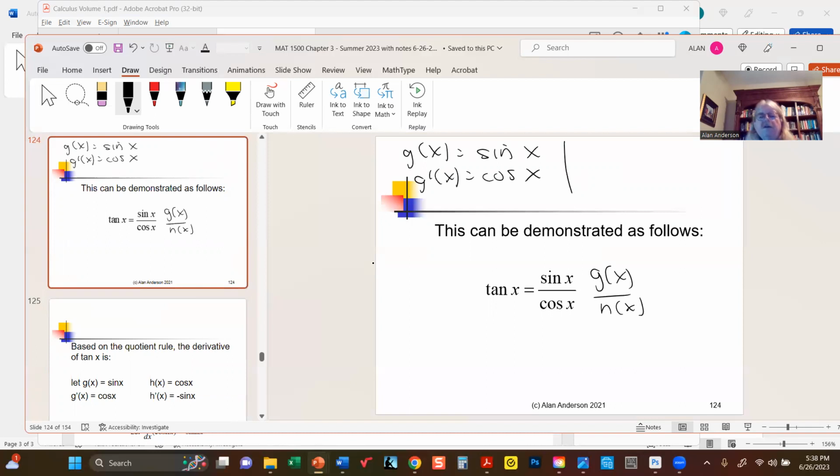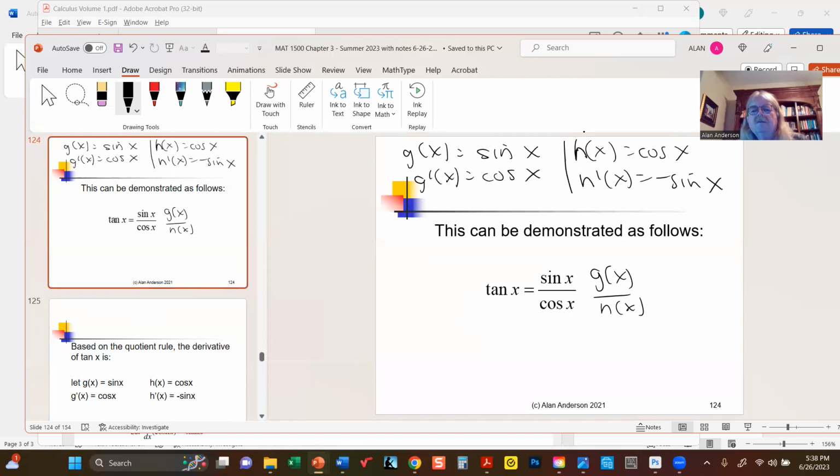So we know that the derivative of the sine of x is the cosine. We also know that if h of x is the cosine, then the derivative is the negative sine of x.